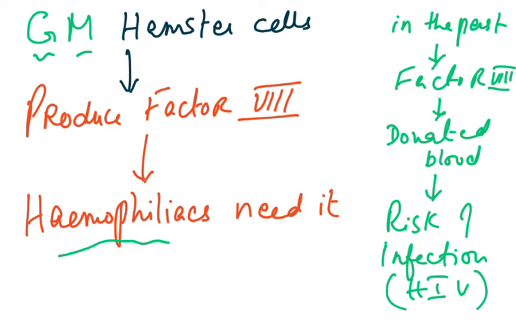You could be giving people HIV. So this is the reason why we have now shifted to genetically modified hamster cells that produce factor 8, which will be given to people suffering from hemophilia. This was not a very good idea in the past. We used to get factor 8 from donated blood, and of course we didn't know, and the blood could be containing any virus, hepatitis virus, AIDS virus.